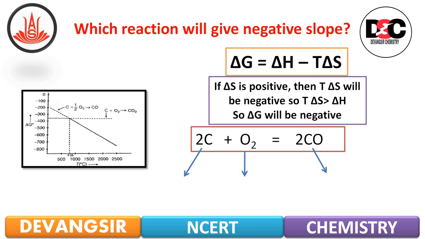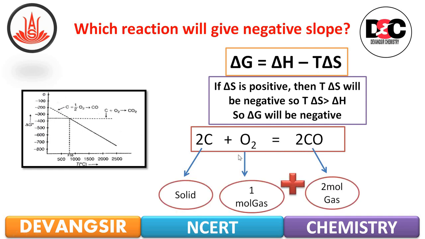For the same, there is a chemical reaction, which is also given in the graph. 2 carbon will combine with 1 mole of oxygen, and you will get 2 moles of carbon monoxide. Here the carbon is in solid form, the oxygen is 1 mole of gas, whereas the product we get, 2 moles of carbon monoxide, is in gaseous form.